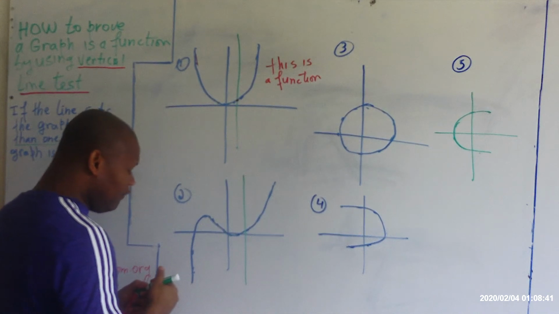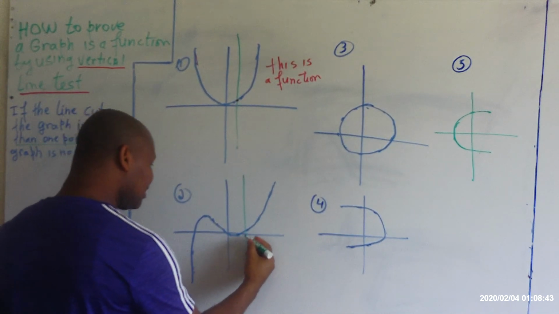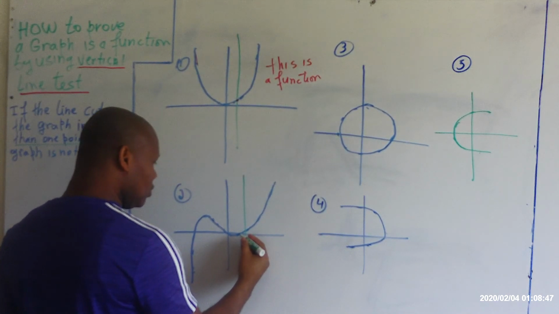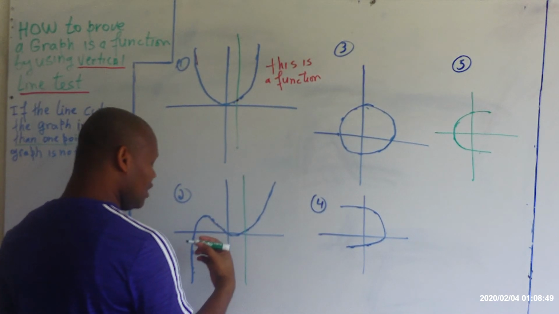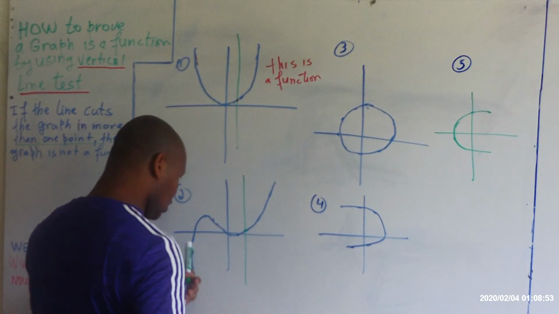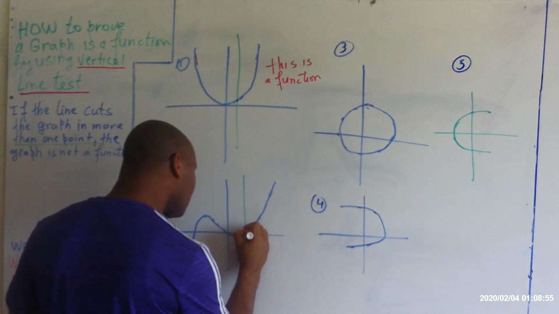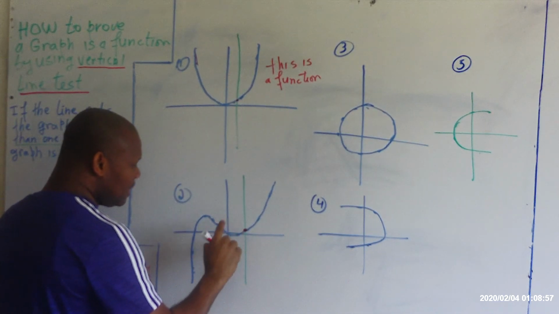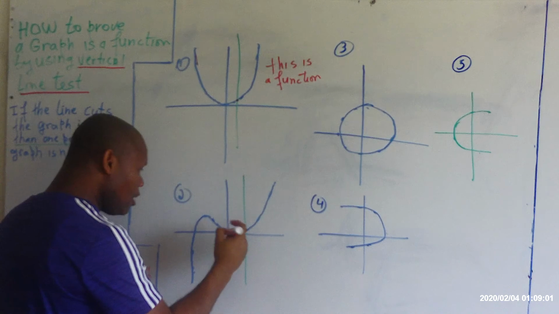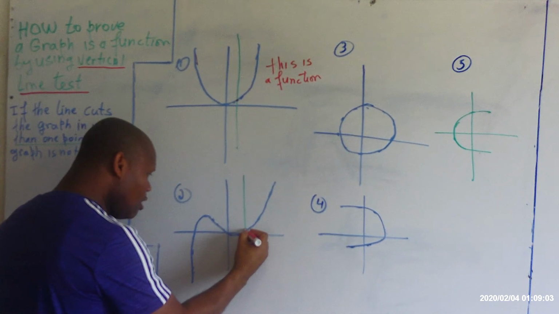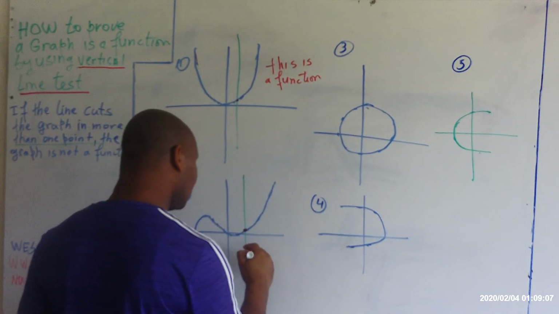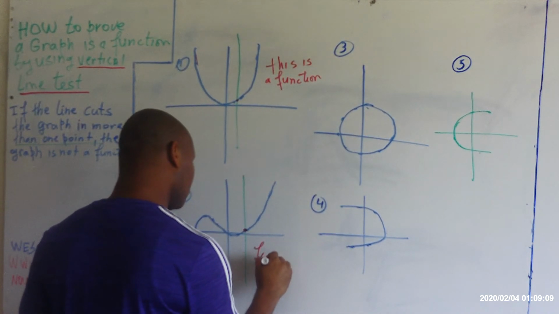When you verify this graph, you see the vertical line test cuts the graph in one point, right here. So because this vertical line test cuts the graph in one point, you can tell this graph is a function.